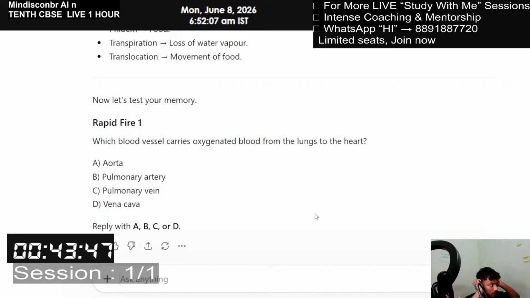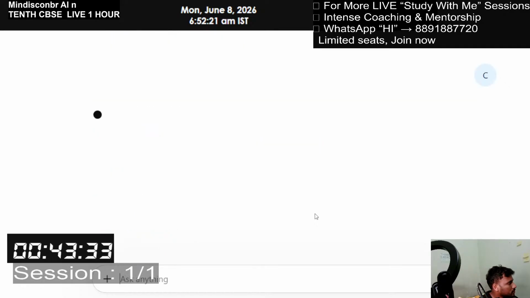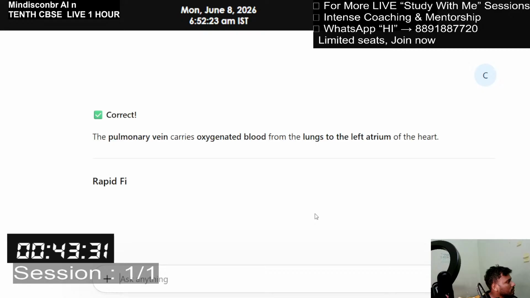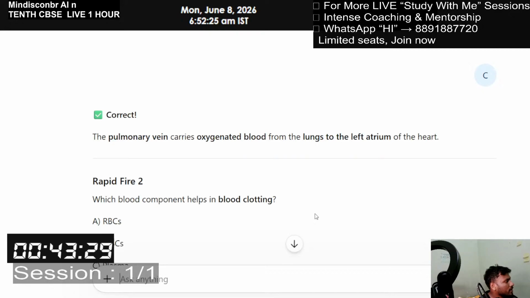Pulmonary veins. The pulmonary veins carry oxygenated blood from the lungs to the left atrium of the heart.